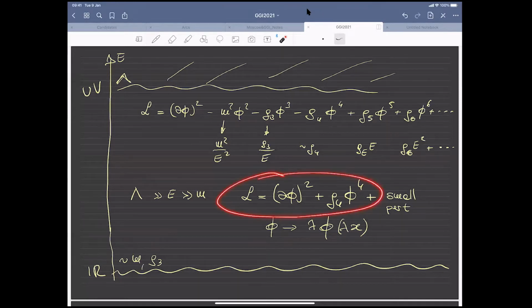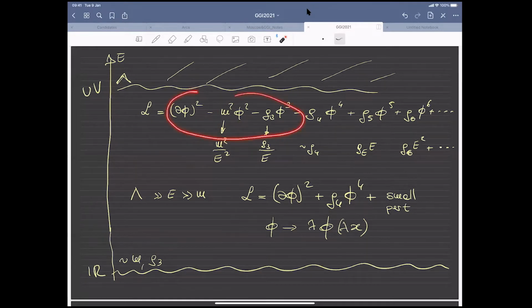From a structural point of view, the desert is a theory that is approximately scale invariant. This is the first thing I want to say, and it will come back again in a moment. The other thing I want to say is that the fact that the infrared scale is determined by a mass or by a cubic coupling, which is to say couplings of dimension less than 4, is a peculiarity of scalar field theory.